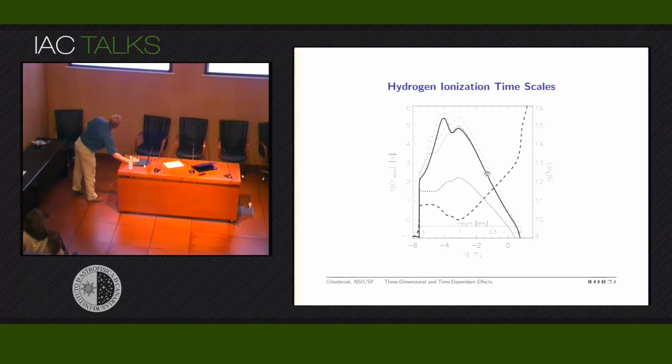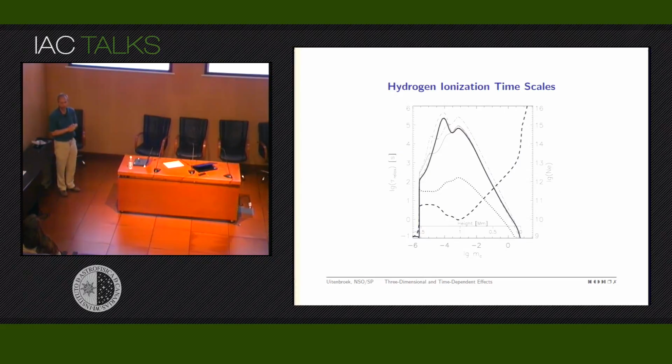The main issue is the fact that you recombine not instantaneously, but it takes some time for these electrons and this atom to meet each other and then recombine. This becomes slower and slower when the density drops off, and you can see that it reaches 100,000 seconds here. This is, of course, much, much longer than the dynamical timescales, which are typically of order tens of seconds in the chromosphere.